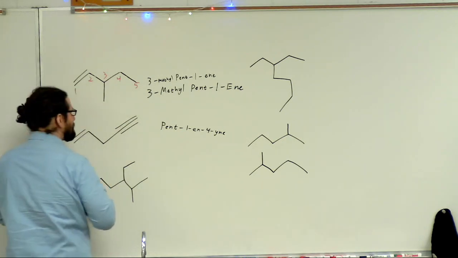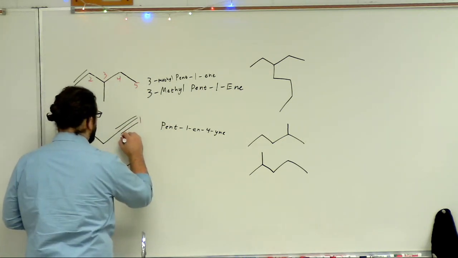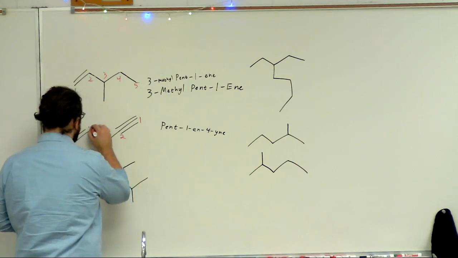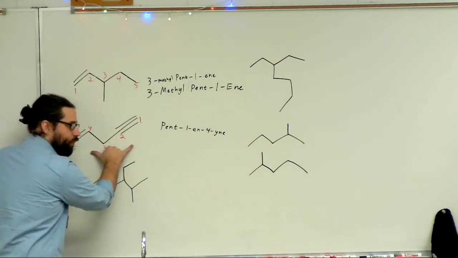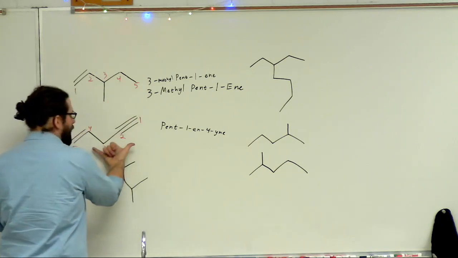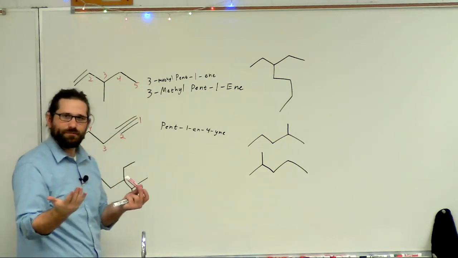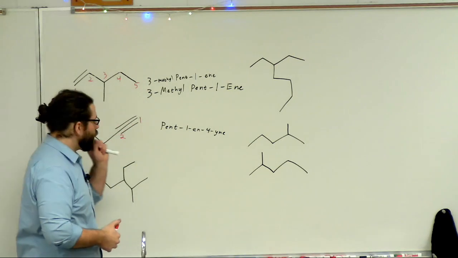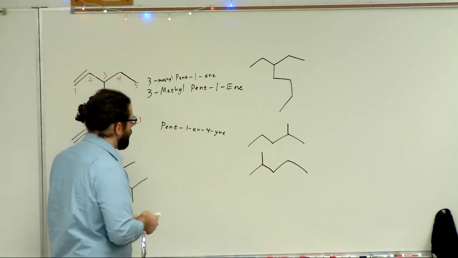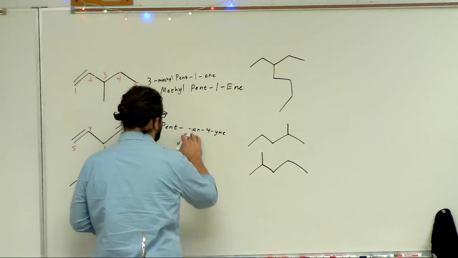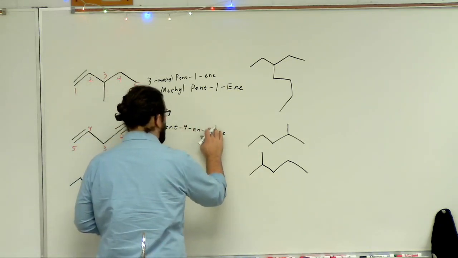However, I need to number these according to the constituent. Because even if I did number this left to right, I could always pull this out of the board, flip it around, put it back, and it would just be reverse. So we always number with the highest priority constituent getting the lowest possible number. That means that this becomes pent 4-ene 1-yne.